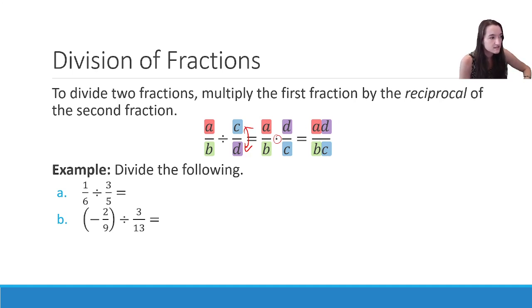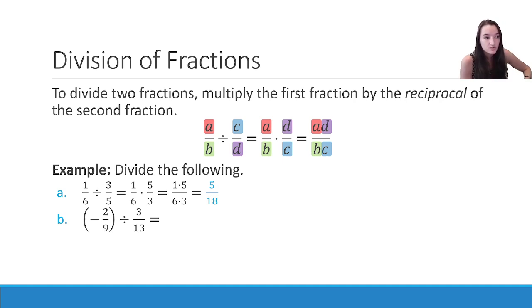So 1/6 divided by 3/5 is the same as 1/6 times 5/3, because 5/3 is the reciprocal of 3/5. Notice that the 1/6 didn't change, only the 5/3 changed. When we multiply these together, I get 1 times 5 over 6 times 3, which is 5/18, and there's nothing we can do to simplify that.